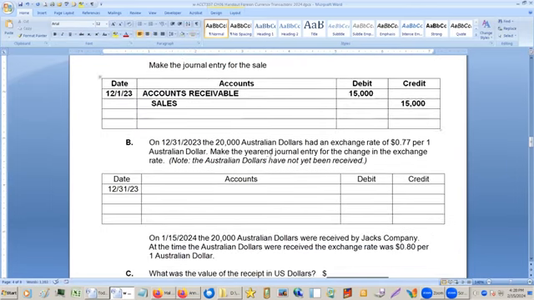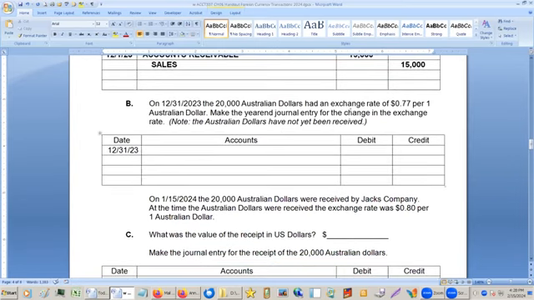Okay, now year end. The Australian dollar had an exchange rate of 77 cents per Australian dollar. Make the year end.